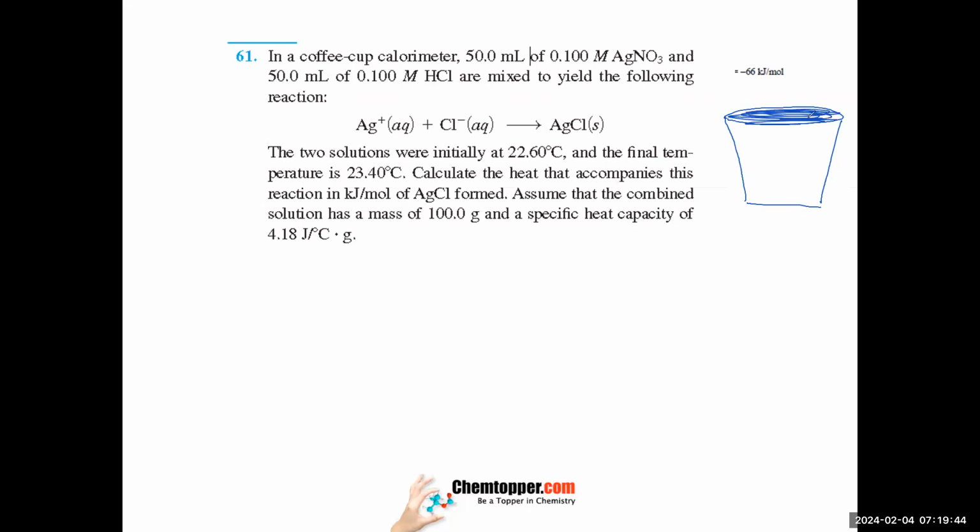so that heat cannot escape. There is a thermometer, a dipped thermometer. There is a stirrer, and you are going to carry out a chemical reaction. You are going to do a chemical reaction in aqueous conditions.